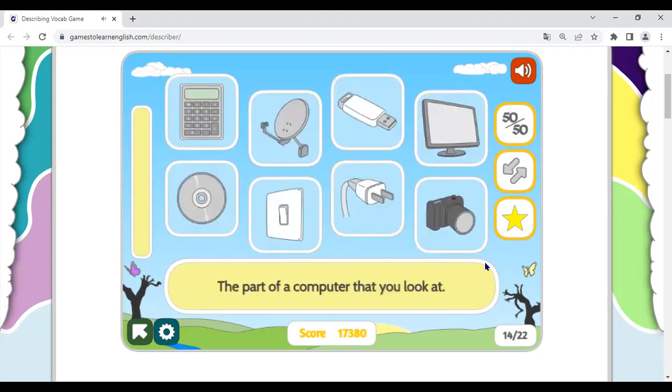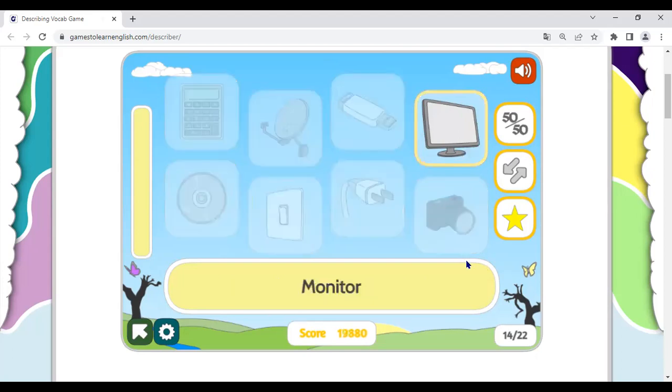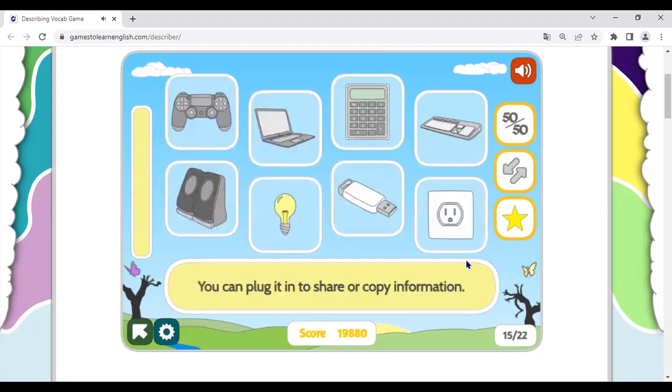The part of a computer that you look at. Okay. Monitor. You can plug it in to save or copy information. Okay, USB memory.